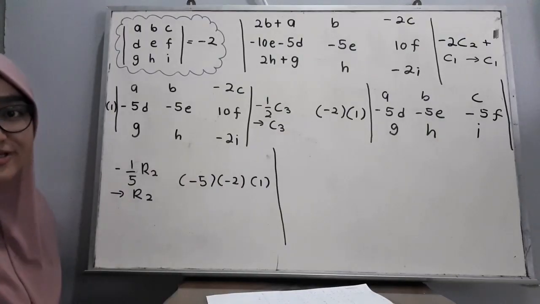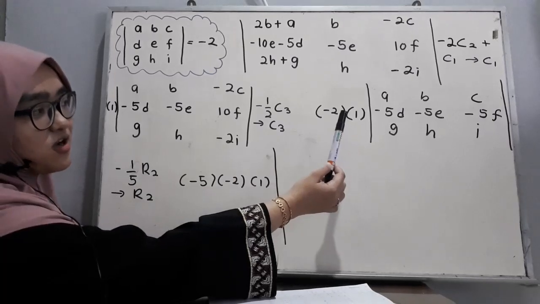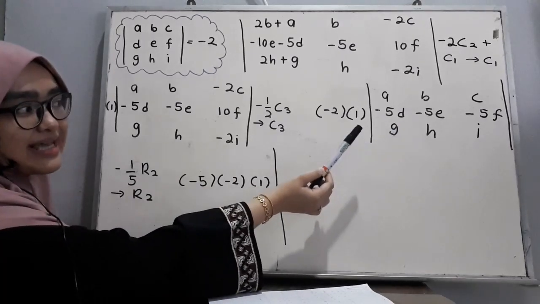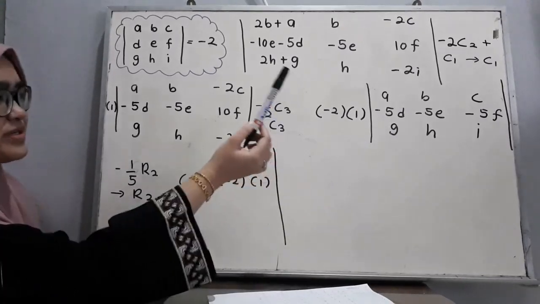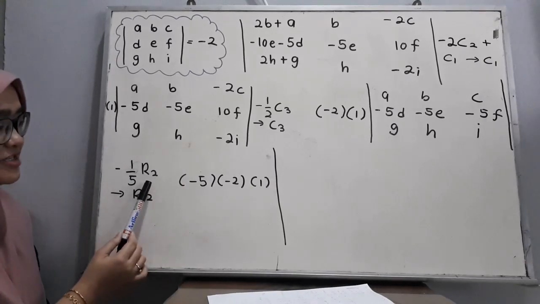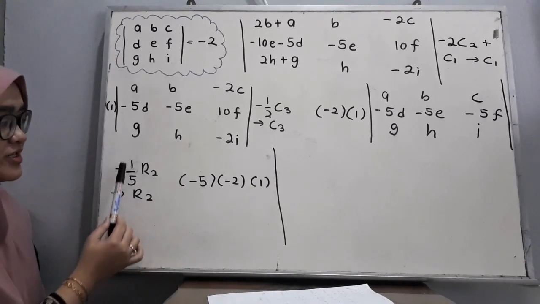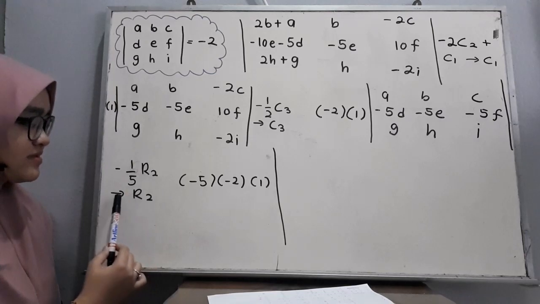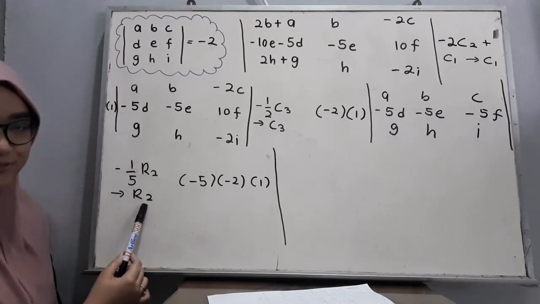And finally, we want to change all entries from the second row. We can multiply second row by -1/5 to change R2.